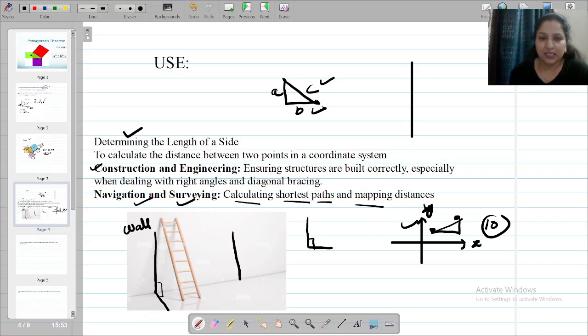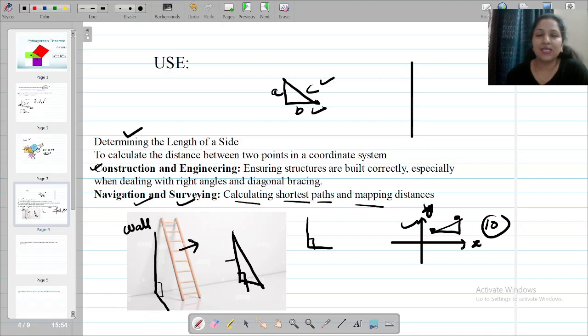So if this is 90 degree and the ladder is leaned like this, which is the hypotenuse here? If I need to know the length of the ladder, what do I do? The sides making the right angle triangle, one will be height, one will be base. So which is the longest side here?